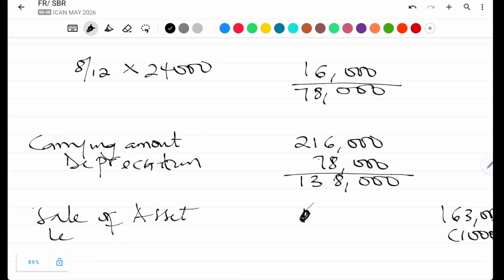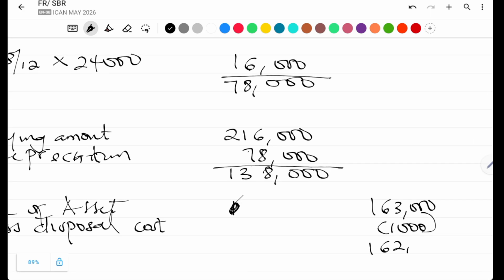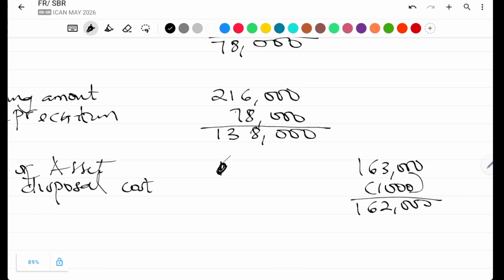So that's why we're saying less disposal costs, so that's 162,000. So an asset worth 138,000, and then we sell that asset at 162,000. Is that a gain or a loss? That's a gain. It's sold at a gain, and that gain is 24,000. Gain on disposal.